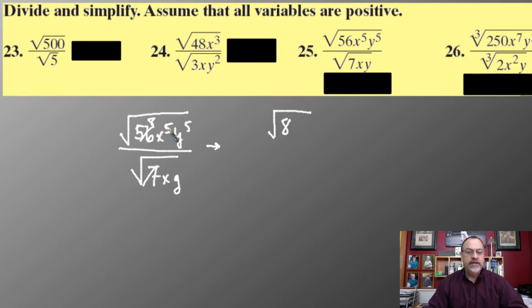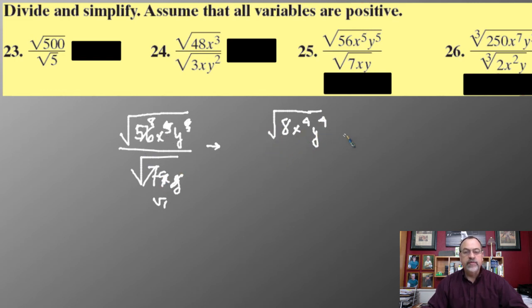I have 1 x here and 5 x's here, so I take away 1, that leaves me x to the 4th. And then I have 1 y here, and I take away 1 y here, so that leaves me y to the 4th. So all of this has been reduced to the square root of 8x to the 4th y to the 4th over the square root of 1. And the square root of 1 is just 1, and this over 1 ends up being just this. So I have done all the dividing, so that is finished there.